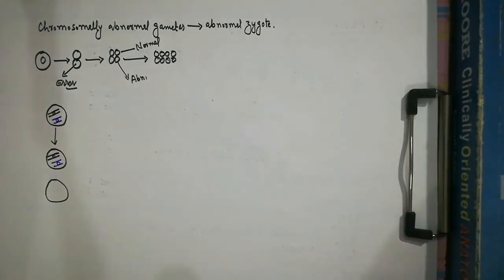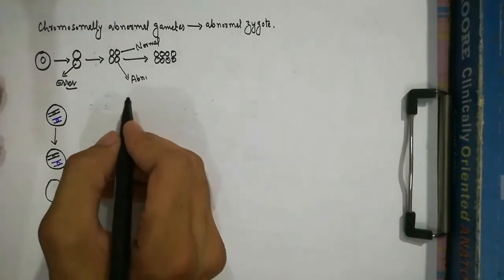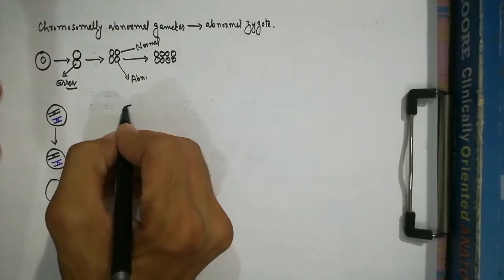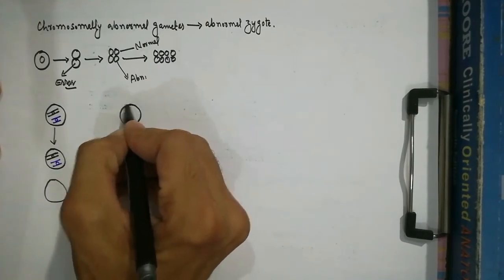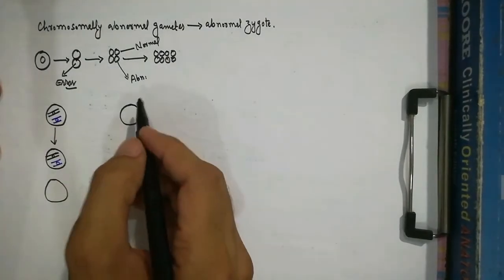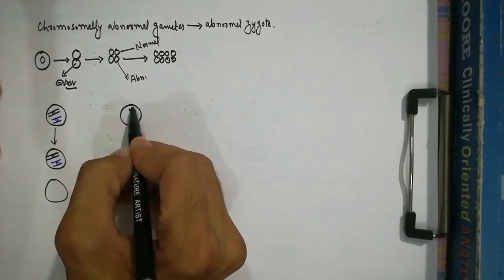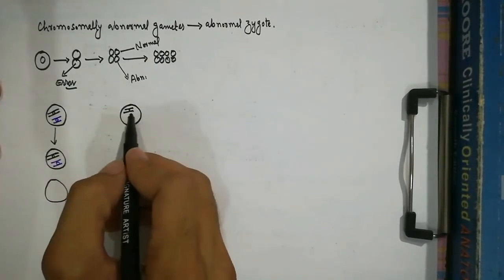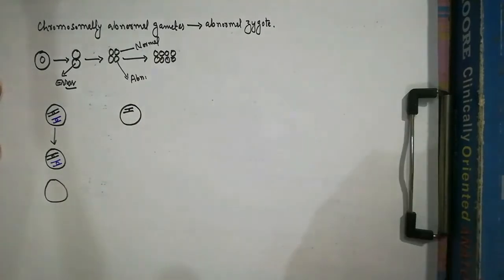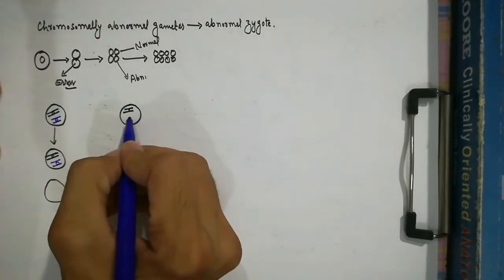This is meiotic non-disjunction. In case of mitotic non-disjunction, suppose this is a cell which undergoes mitosis. This is one chromosome and this is another chromosome.